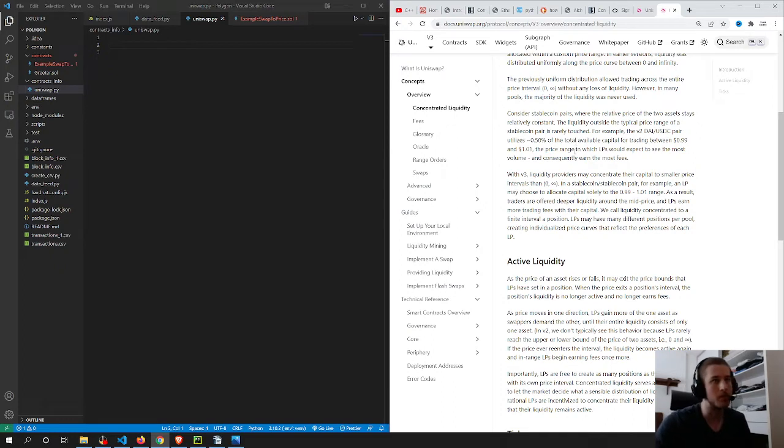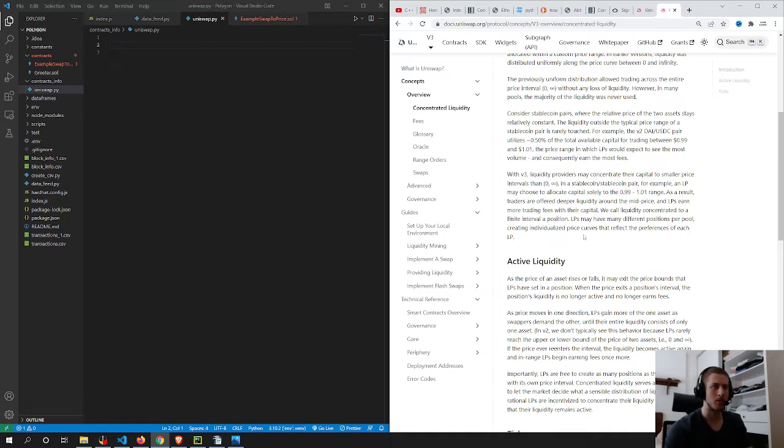Price range in which LPs would expect to see the most volume and consequently earn the most fees. With V3, liquidity providers may concentrate their capital to smaller price intervals, 0 to infinity. In a stablecoin pair, for example, an LP may choose to allocate capital solely into the 0.9 range.